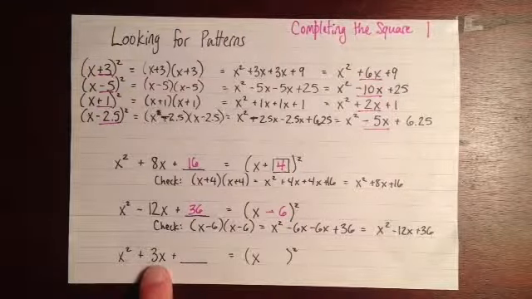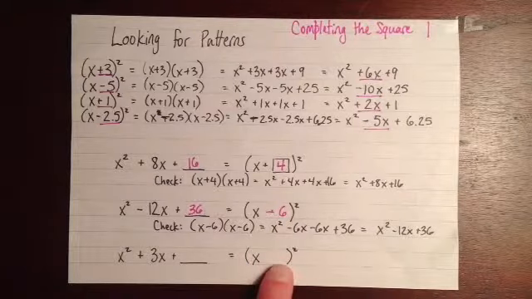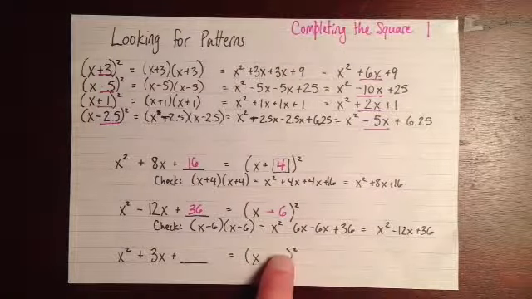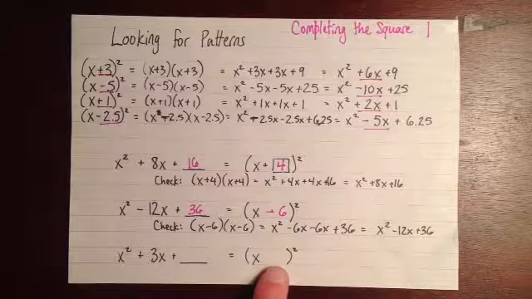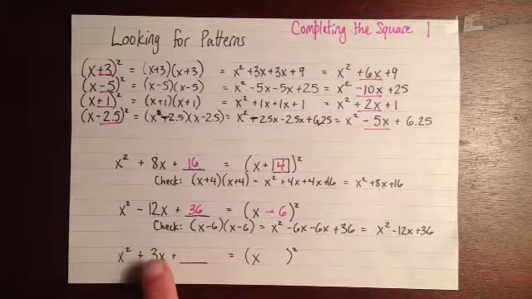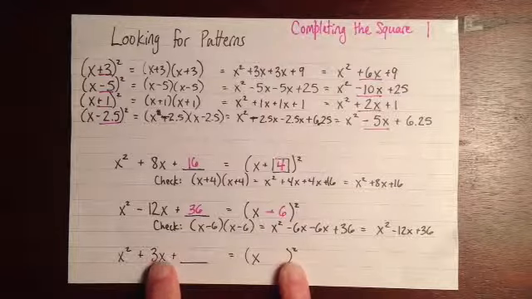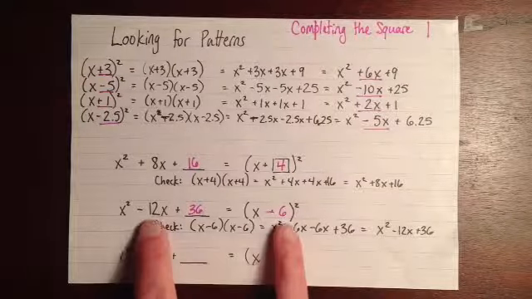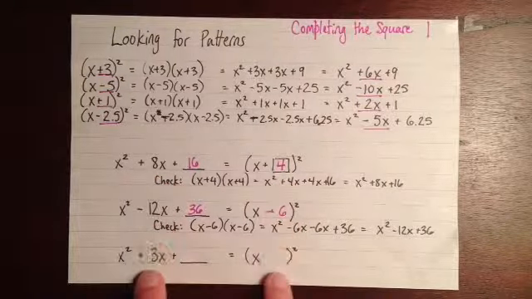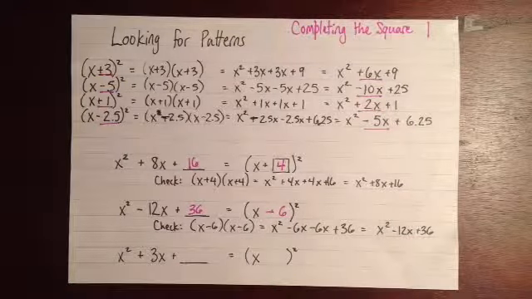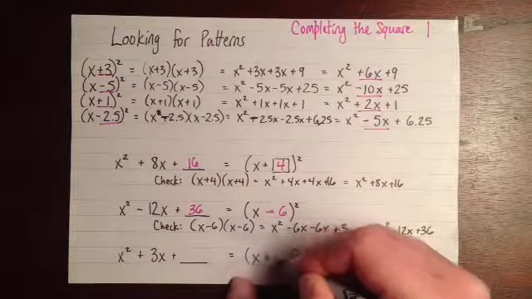x squared plus 3x. So I want to figure out what this term should be in my perfect square. This is going to be twice what this number is. So to get this number, again, just like I did up here and here, I'll divide it by 2. So it's going to be plus 1.5.